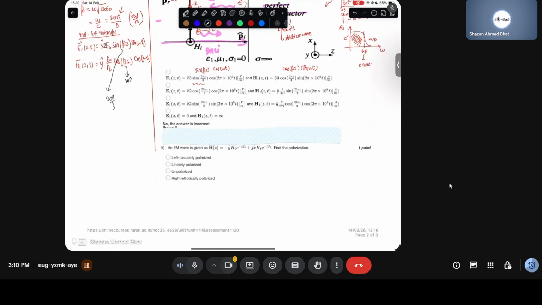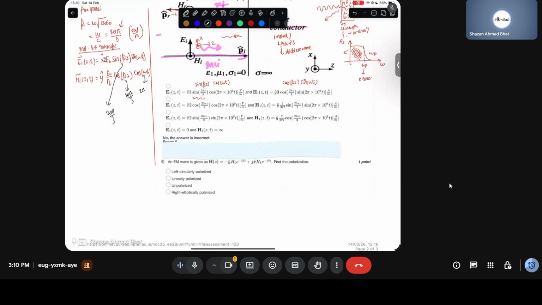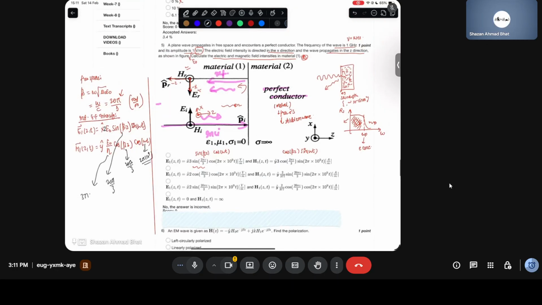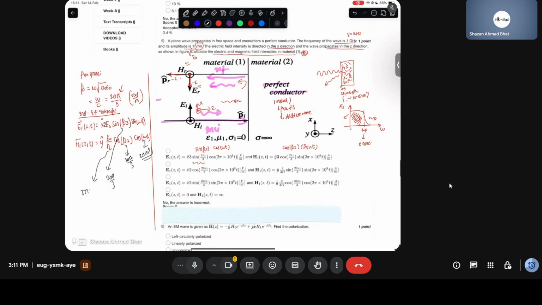This is again 20 pi over 3, and omega is 2 pi times 10 to the power 9, which is given. So as per this, what exactly matches? The impedance is basically 377, and what we needed to find is in material 1, which is free space.